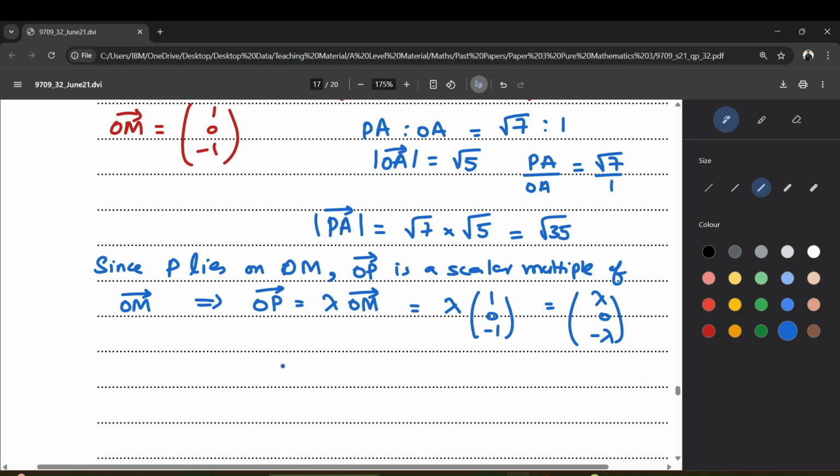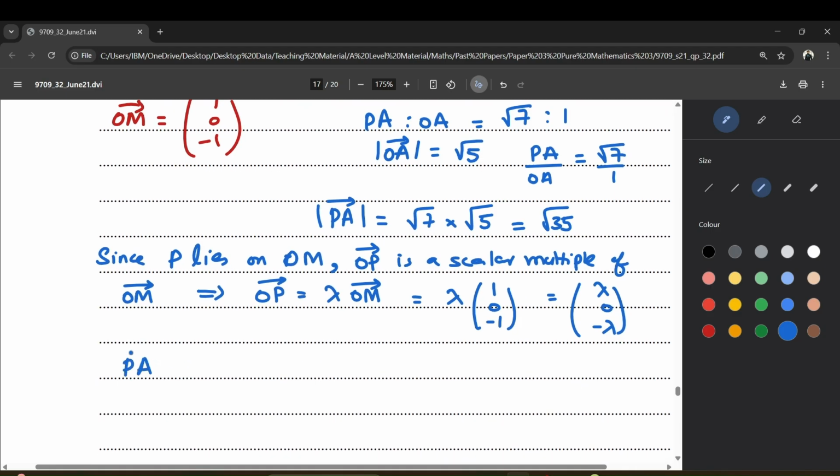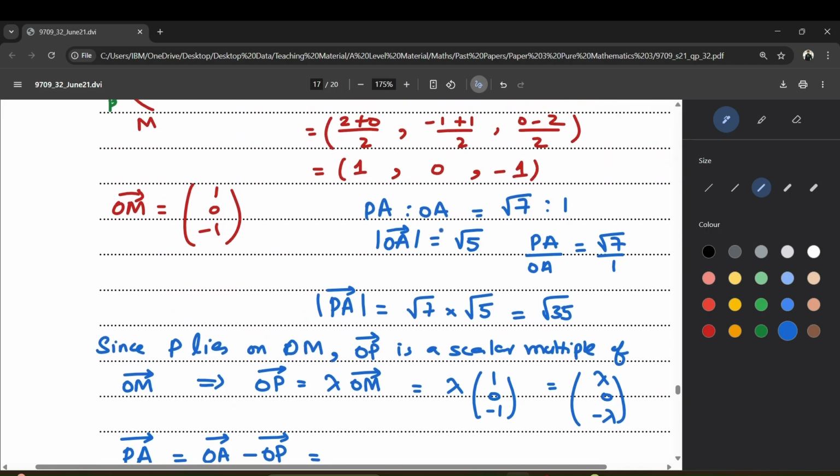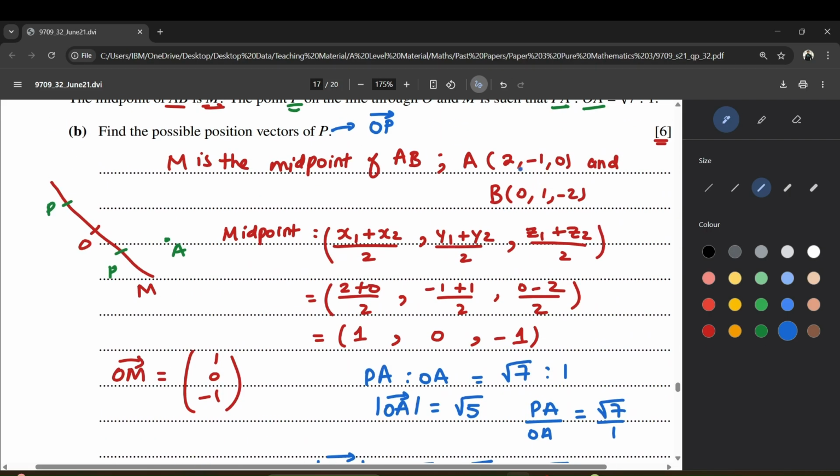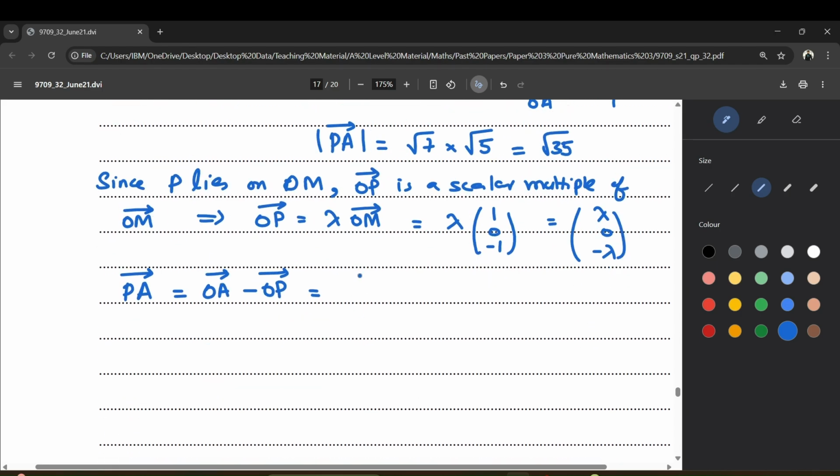Now from PA, we can write that this is equivalent to OA minus OP. We can write down the vector OA was 2, minus 1, 0, minus OP, which is what we found here, lambda, 0, minus lambda.